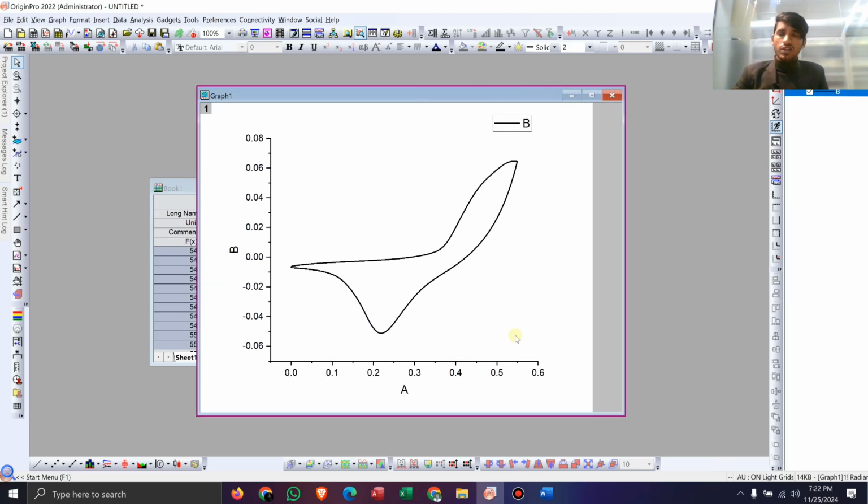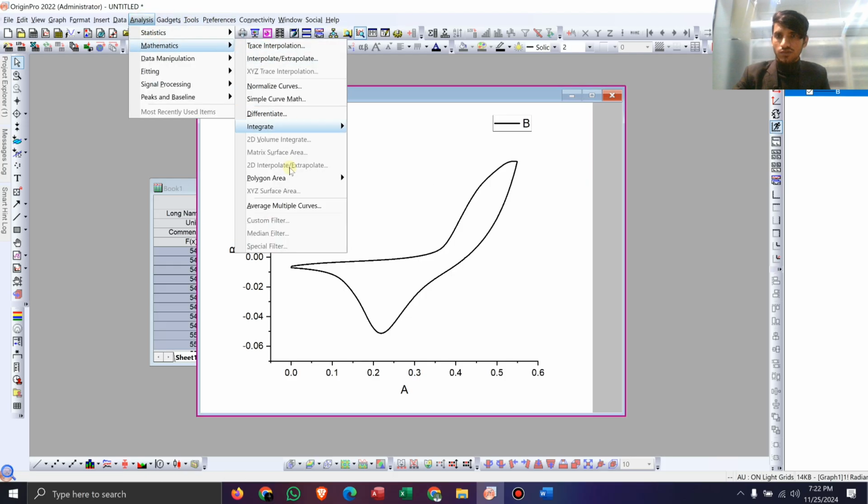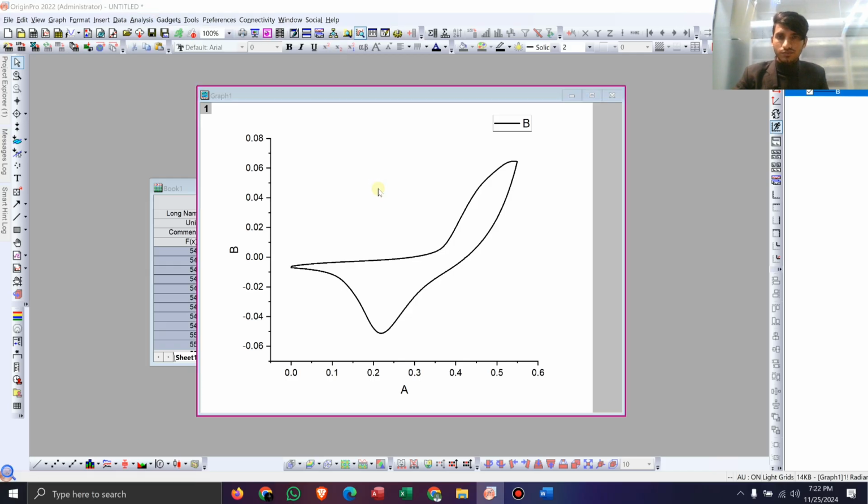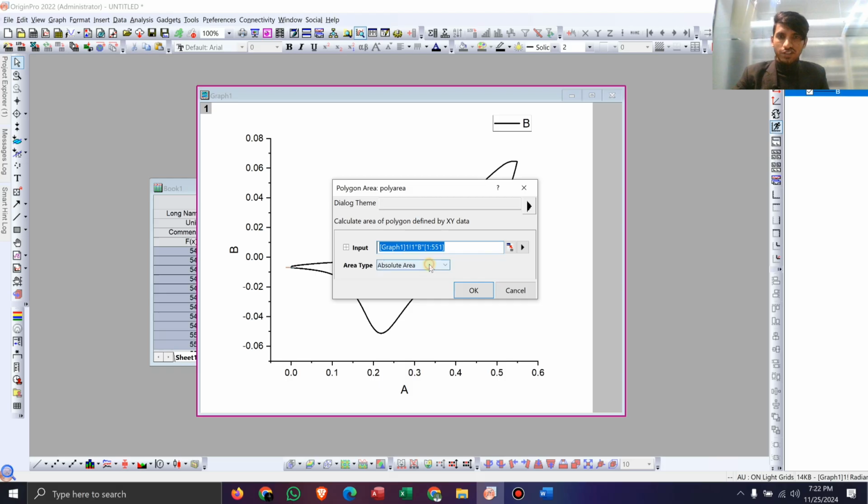Now for calculating the specific capacitance, you have to calculate the area of this CV curve. For calculating the area of the CV curve, you have to go to Analysis, then Mathematics, then Polygon Area, then Open Dialog. After clicking Open Dialog, you have to select the absolute area.